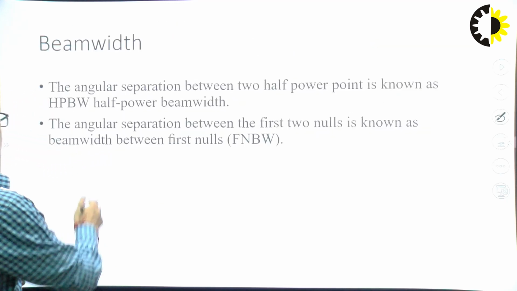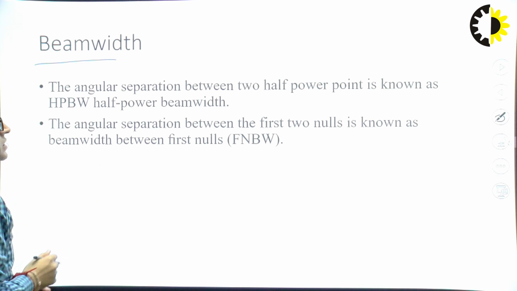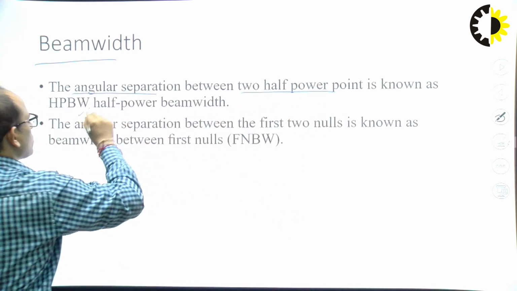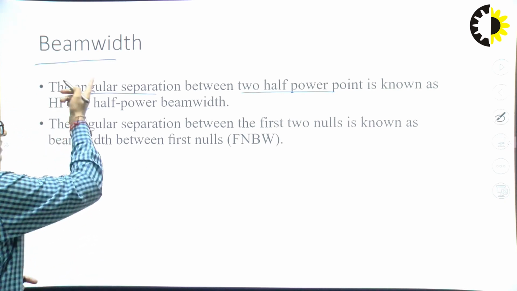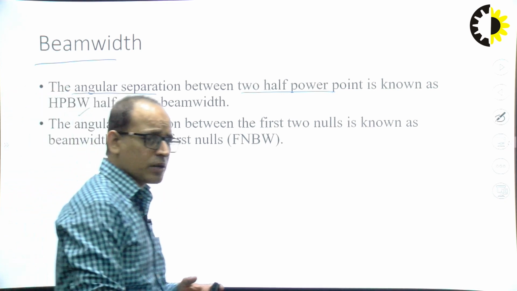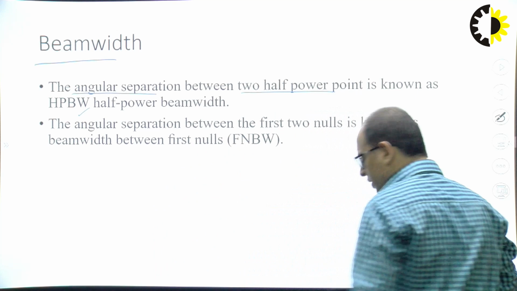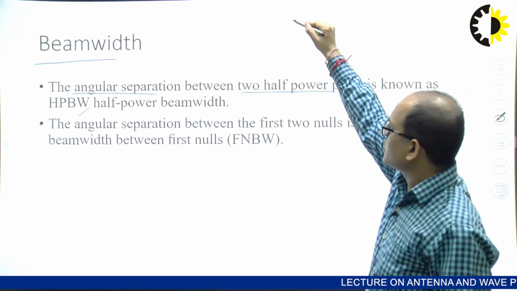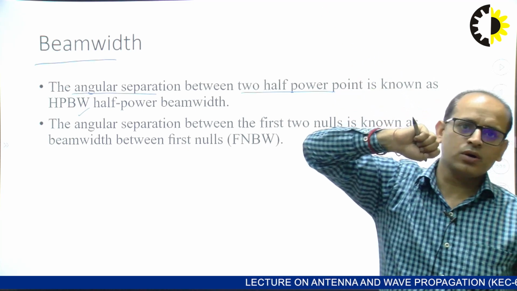So the next topic is the beam width. Beam width is the angular separation between the two half power points. It is known as the half power beam width. This is one of the fundamental parameters of the antenna, which determines the characteristics of the antenna, whether the beam width is very narrow or high.